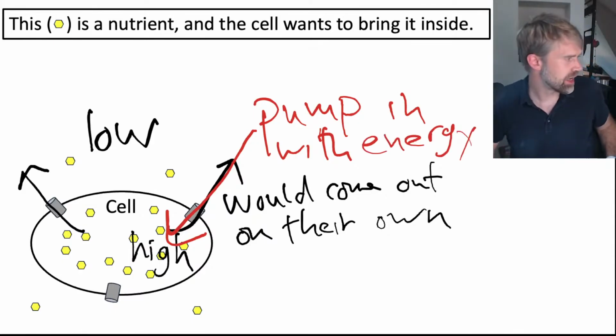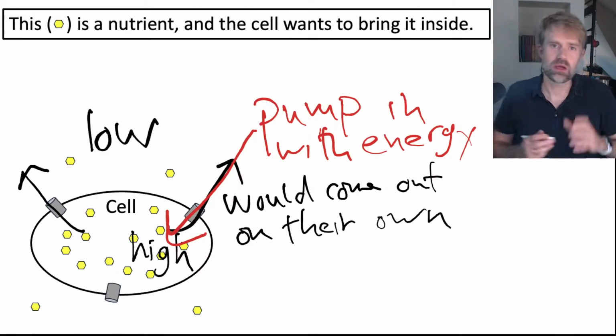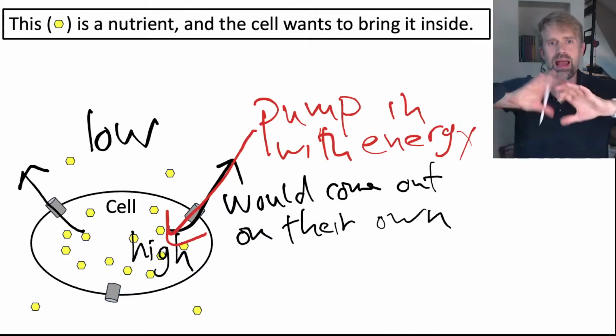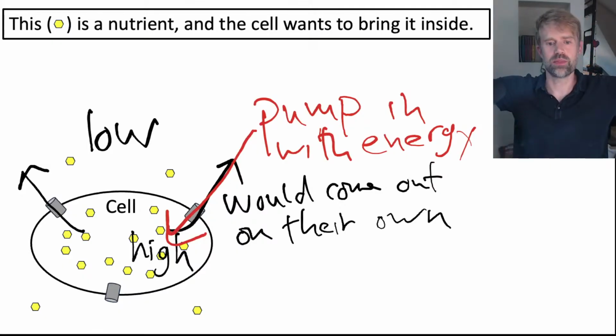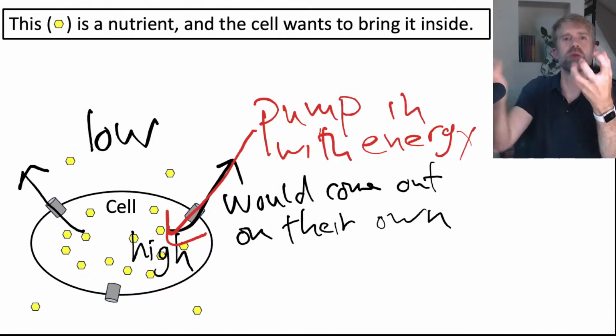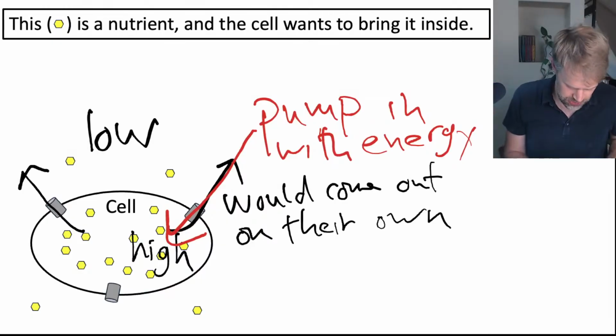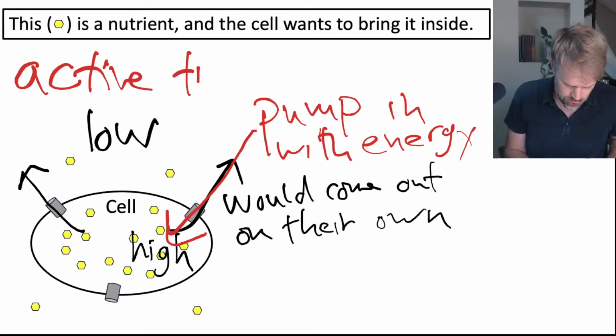And once again, that's because they would move from high to low out of the cell on their own. And so if the cell wants to get more of them inside, it must use energy to pump them in, to pull them in. And we call this an example of active transport.